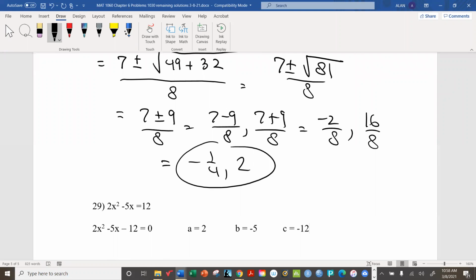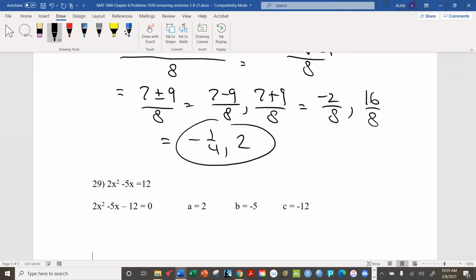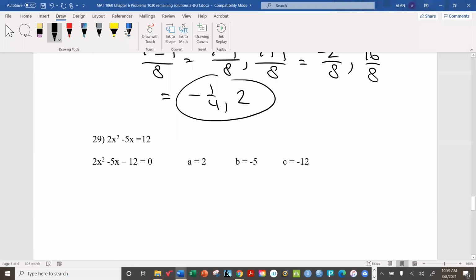Okay, so with that in place, we can now go ahead and use our quadratic formula. Let's see if this one turns out nicely. It's hard to judge in advance. All right, let's see what we've got.